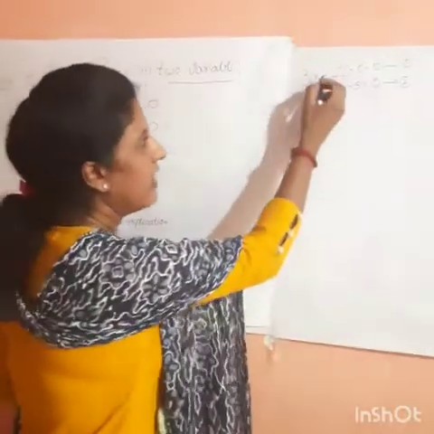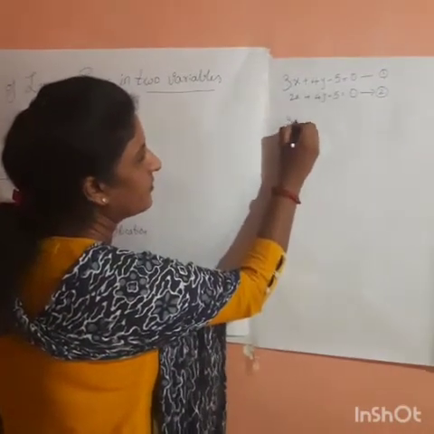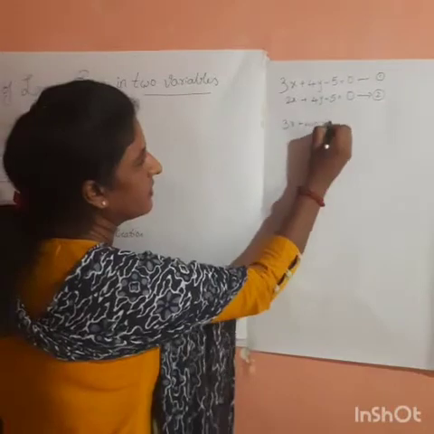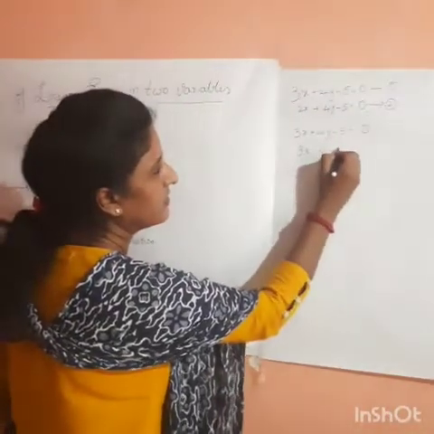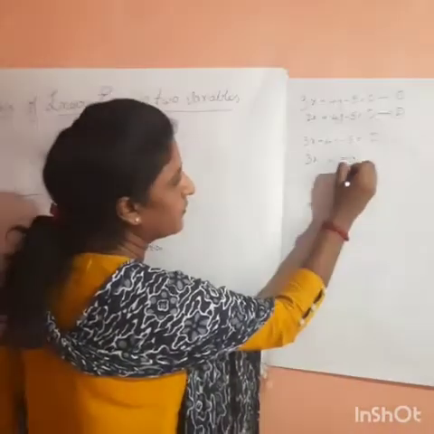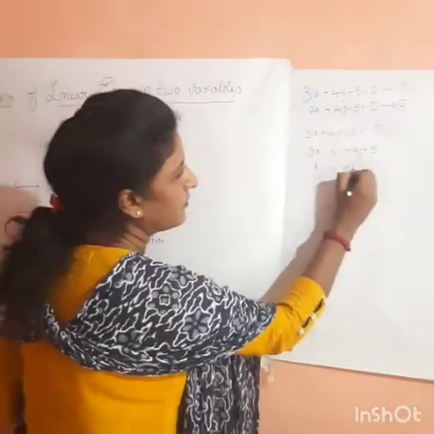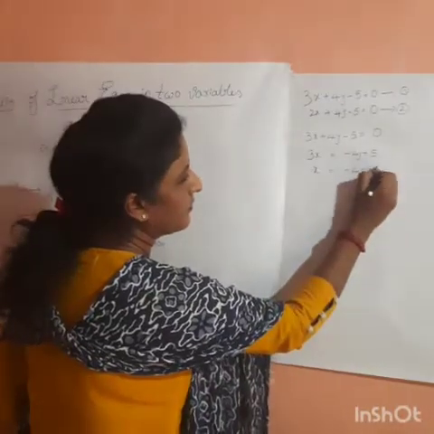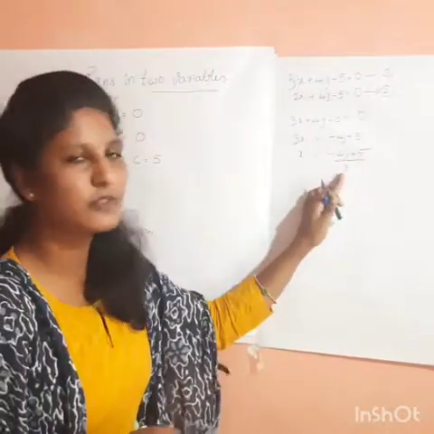For the substitution method, take one equation. Take x as the subject here. So the x value is minus 4y plus 5 by 3.